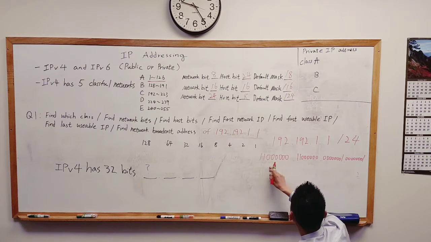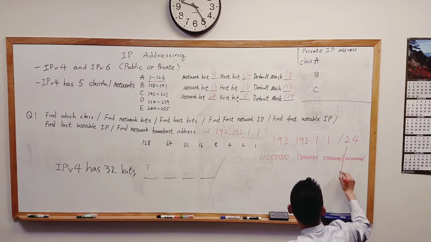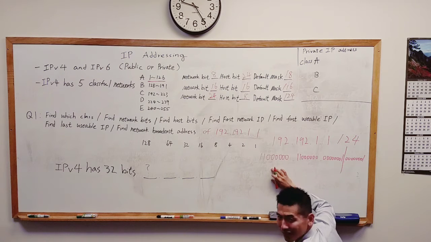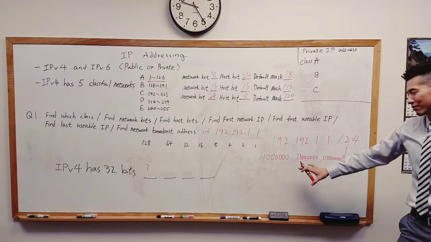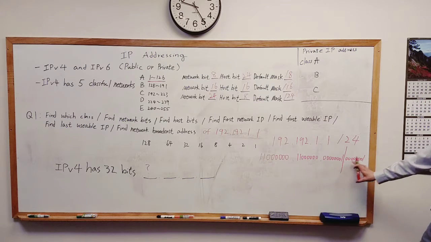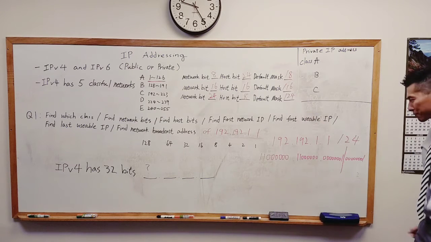So let's count 24. 8, 8, 8. I'm going to draw a line here. Everything here is network bit, so we can't touch it. That's a fixed number. Everything to the right is host bit.